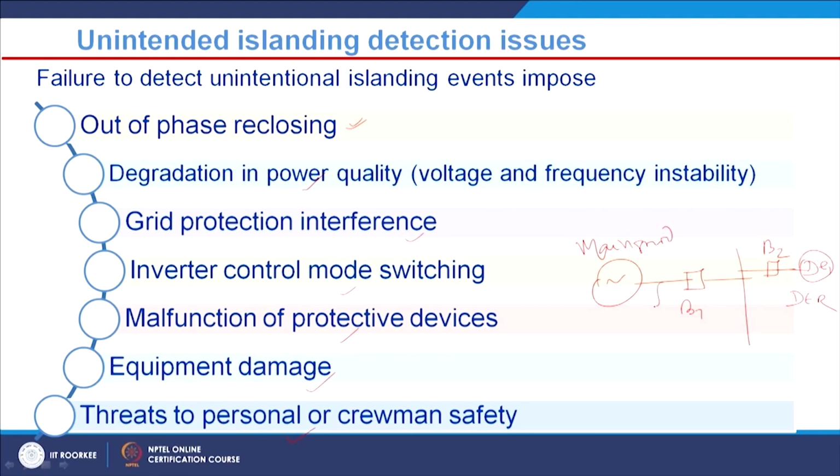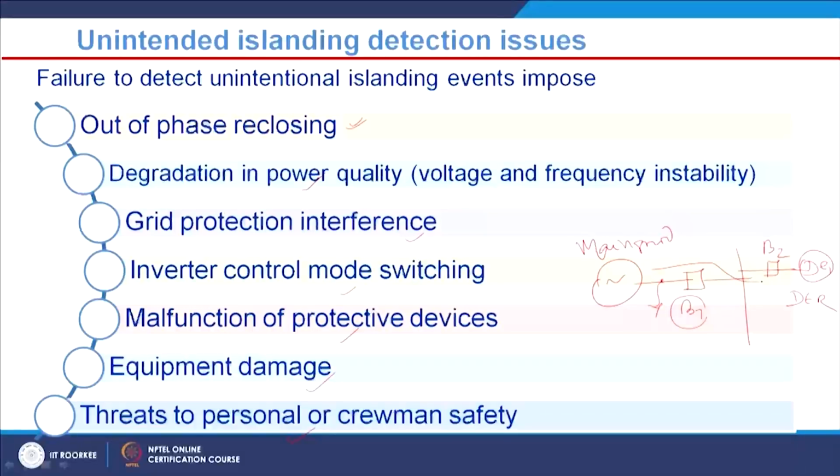Due to a certain fault, if this circuit breaker B1 is open, to clear this particular fault so that the fault current should not penetrate to the rest of the microgrid system, what will happen?